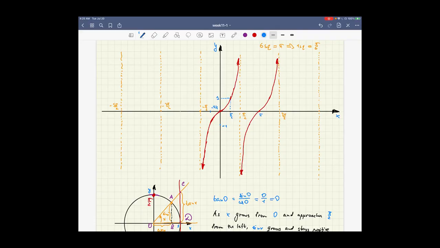This here is pi. This here is pi plus pi over 4, so that's 5 pi over 4. That's 1. This here is 3 pi over 4.